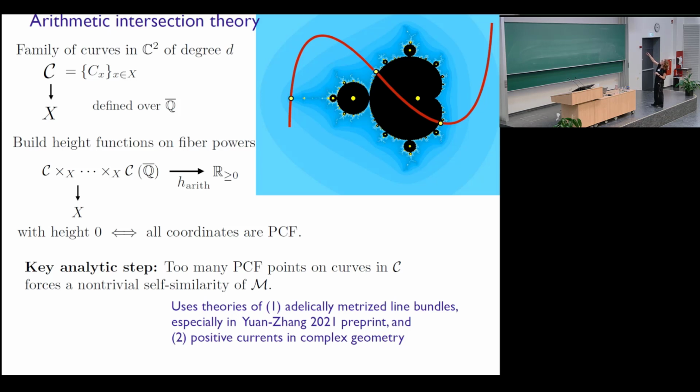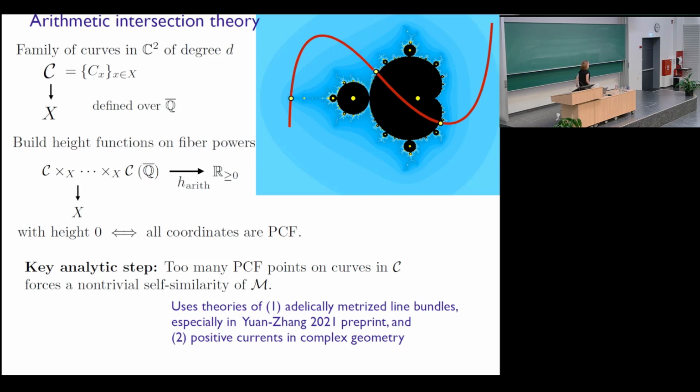In fact, it's convenient to not just work on this family of curves over this parameter space X, but on a particularly large fiber power of this family of curves. It turns out, depending on the dimension of your space of curves, you have to take a fiber power which exceeds the dimension. There are technical reasons for that, and geometric reasons too, that I don't have time to talk about. But there's this construction that was not our invention, that we're mimicking from another setting in order to do this.